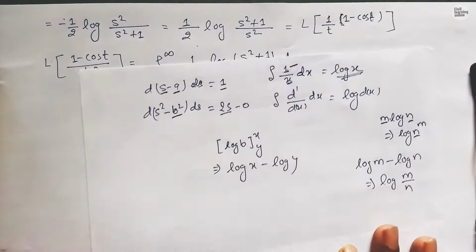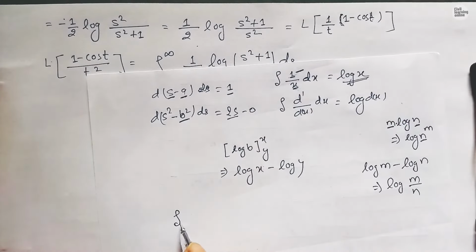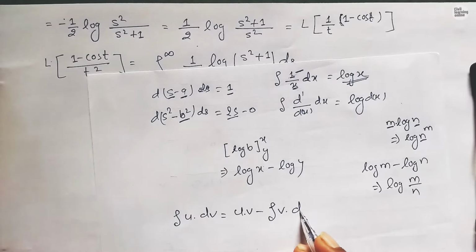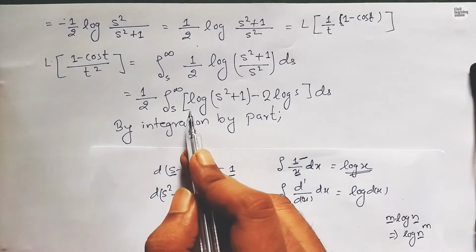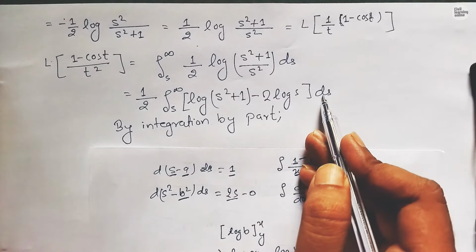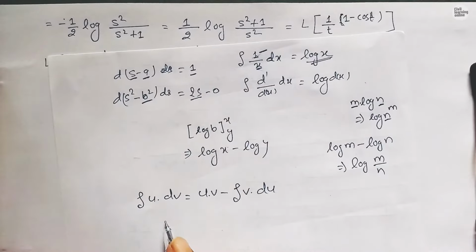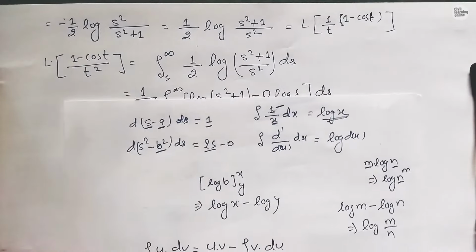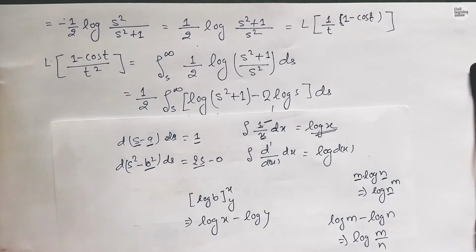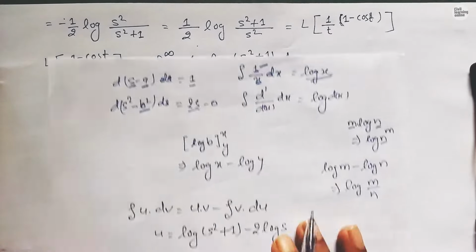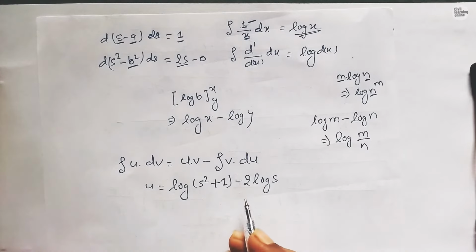So integration by parts says that the integration of u times dv equals u times v minus the integration of v times du. So here this whole is going to be u and this ds will be equivalent to dv. What I said, our u is equal to log (s square plus 1) minus 2 log s, yes, this is our u, and we will require the value of du also.